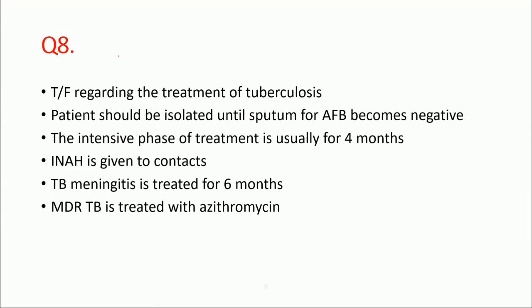Right. So the intensive phase is 2 months. Right. Patient isolate කරන්න ඕනද? So ADAS, it is just the pleural fluid that we do. No point in sending anything else. Hari. So patient isolate කරන්න ඕනද? Sputum AFB negative වෙනකම්.